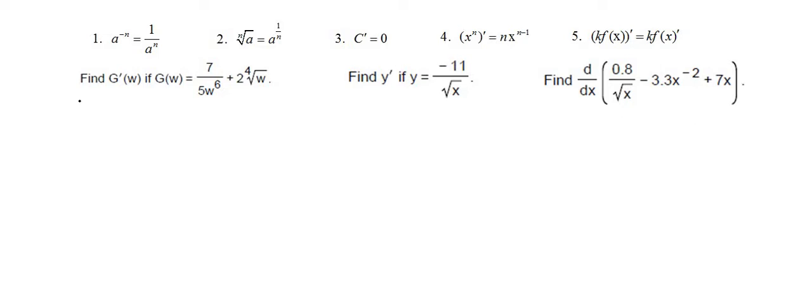So we can write down 7 over 5 and W to the power 6. Following this rule in reverse, we have W to the power negative 6. And the fourth root of W is W to the power 1 over 4.